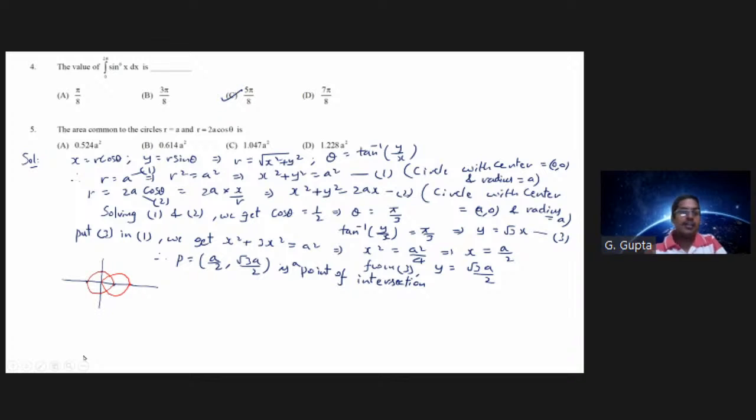So this is the common part, the shaded part. This is point P, one of the points of intersection. X, origin, Y. So this is equation 1. This curve is equation 2.